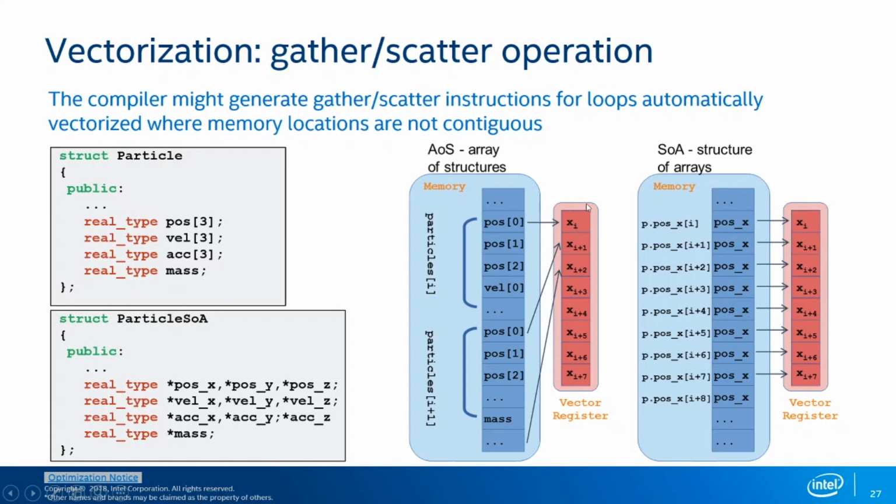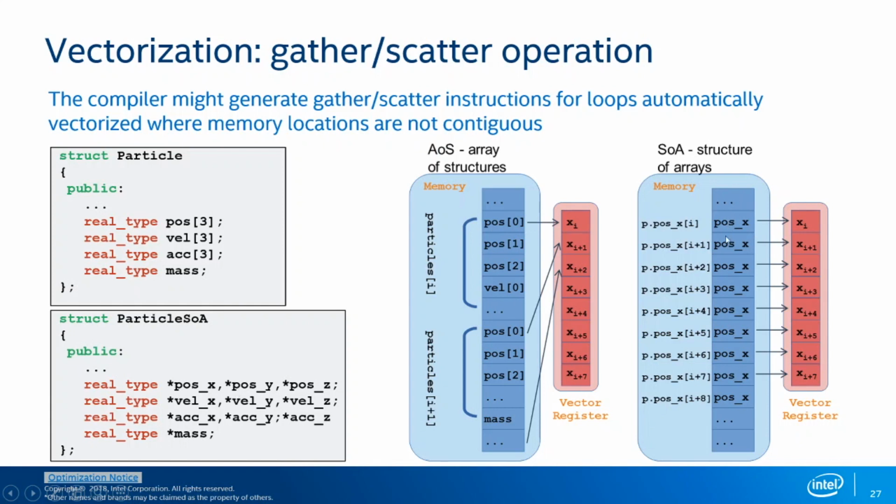What we can do is change our data structure from AOS to SOA. So instead of having an array of particles, we just have a single particles data structure, where all of the positions in the x direction and velocities are going to be stored contiguously in memory.